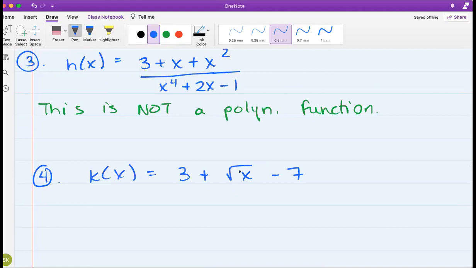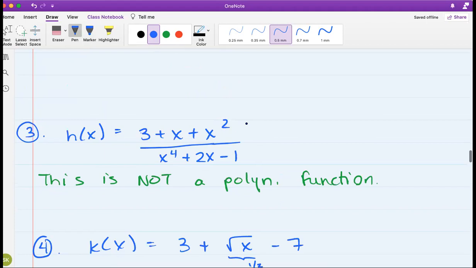If you see square roots, then you're not going to have a polynomial function if the square root involves an x underneath it. Now, if the square root has just a number underneath it, well, that's okay, because that's a coefficient. But you can't have x's underneath a square root. You can't have any kind of polynomial under a square root.